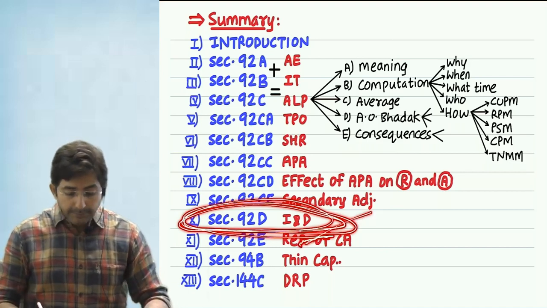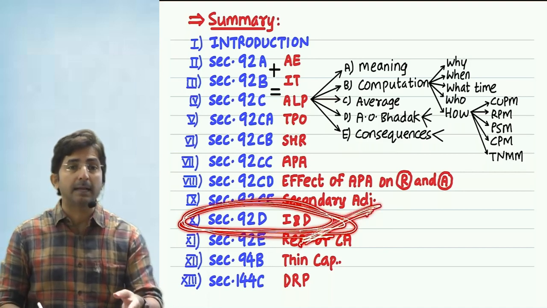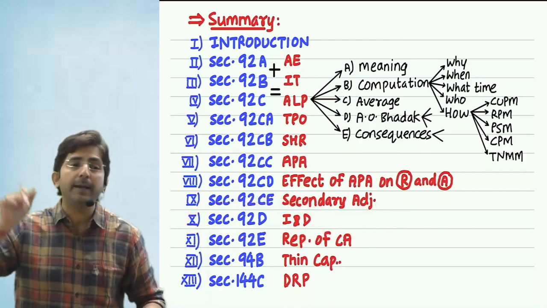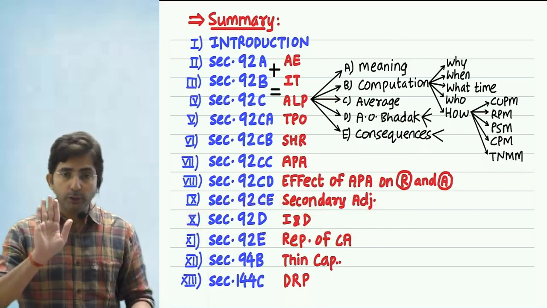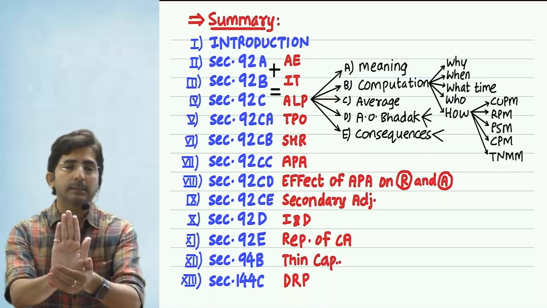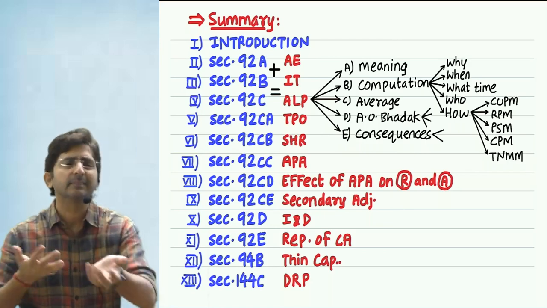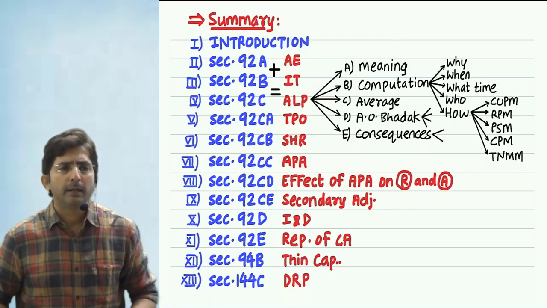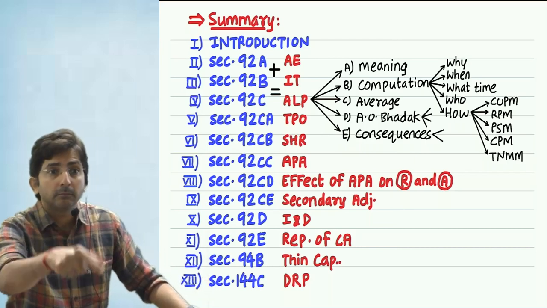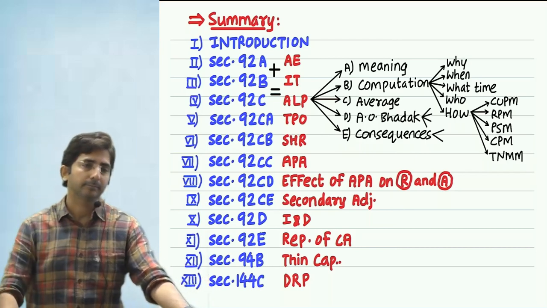Now, these information documents sometimes you have to furnish to the income tax department. For that, usually you get a letter: dear assessee, please submit information document. And if you submit, very good. And if you don't submit, AO will get angry.